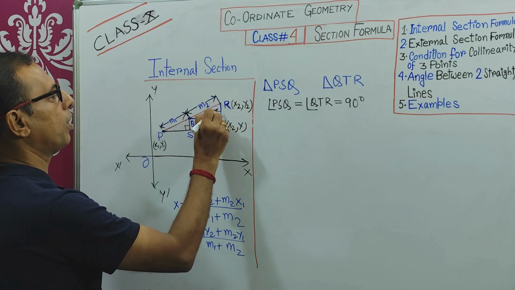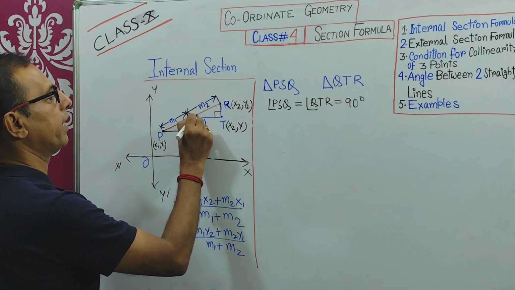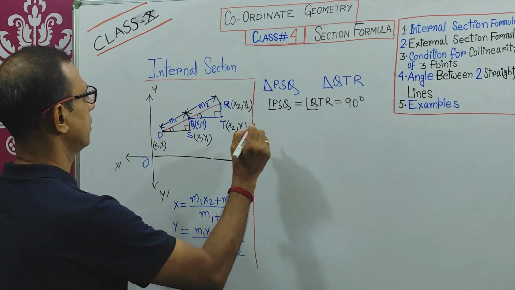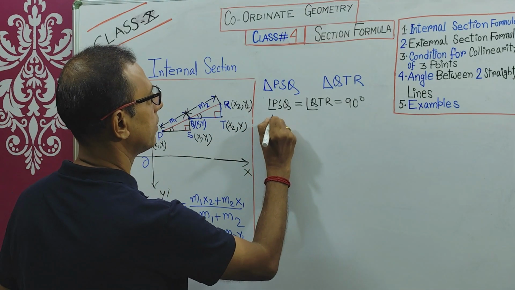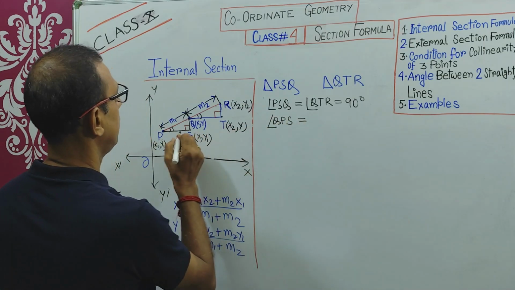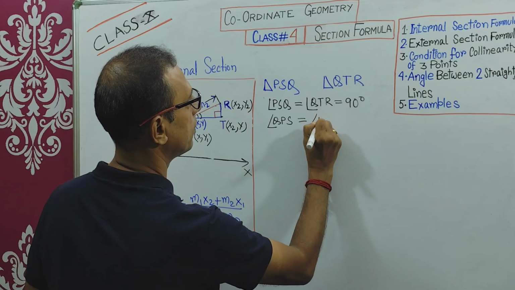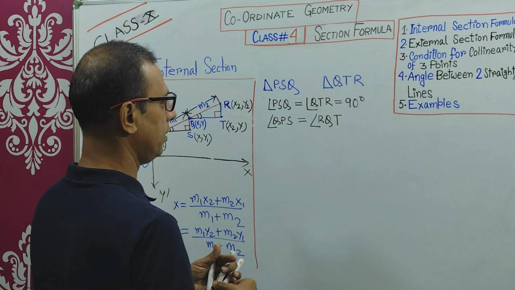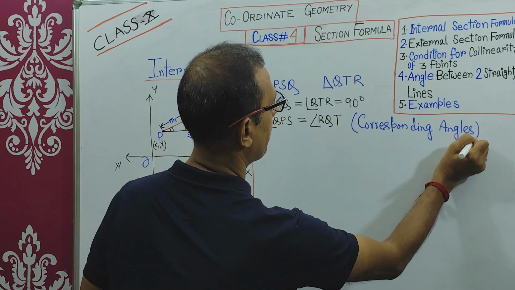Then, since these two are parallel lines, obviously these two angles are corresponding angles. That means angle QPS equals angle RQT, because these two angles are corresponding angles.